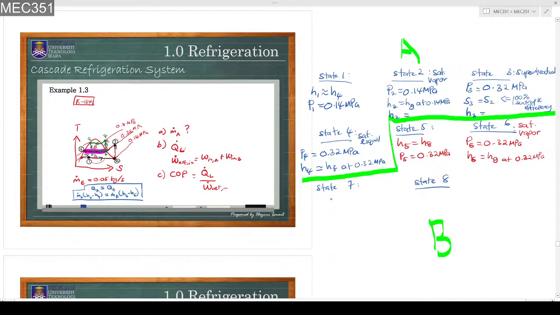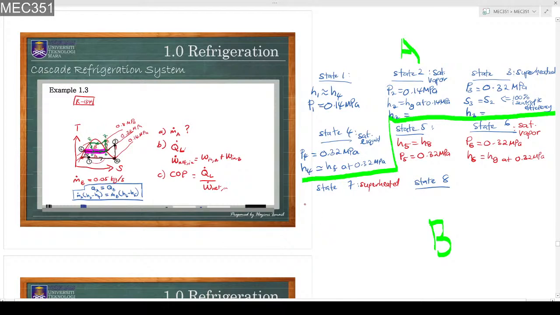Okay, for the state 7 we know it will be the superheated. Okay, here outside the saturation region here, so it is superheated here. And then similar to the state 3, because state 7 is the exit of the compressor outlet.